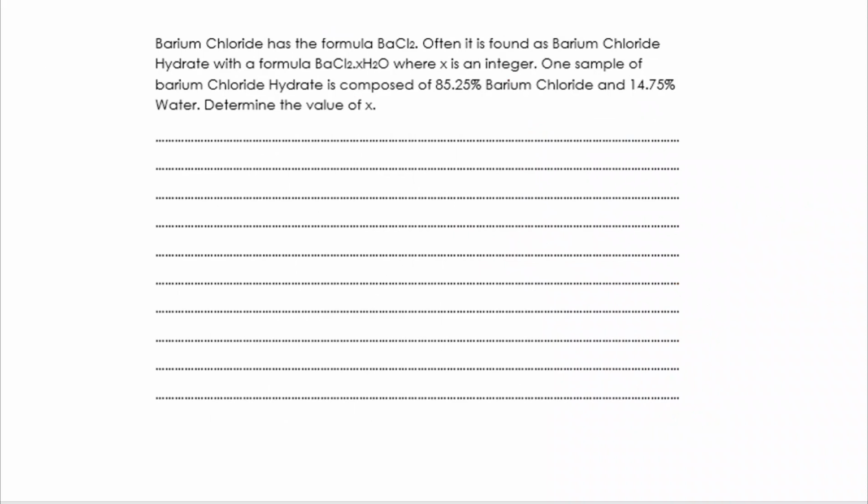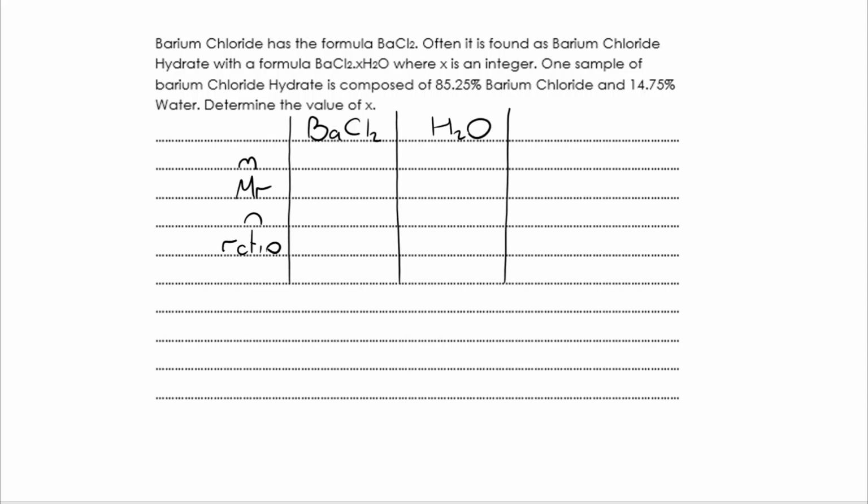Have a go at this one and then we'll work through. So pause. And now let's carry on. Now you can use the empirical formula model to do these, but you draw your table in a slightly different way. Instead of individual elements, you will put your compound and your water in two separate columns. And then you draw the table exactly as you did. Then you add the masses exactly as you did.